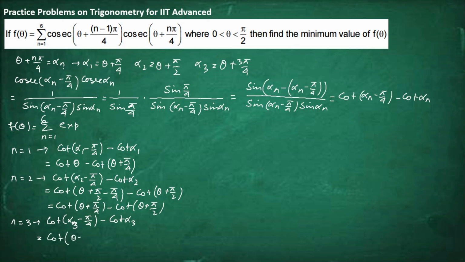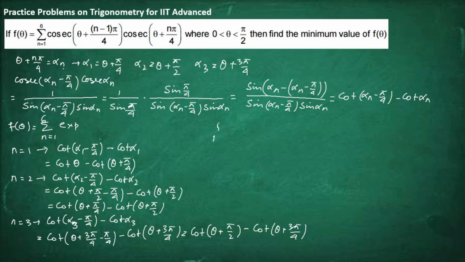Cot(theta plus 3 pi by 4 minus pi by 4) minus cot(theta plus 3 pi by 4). Is it clear? We are left with cot(theta plus pi by 2) minus cot(theta plus 3 pi by 4), and this thing goes on.